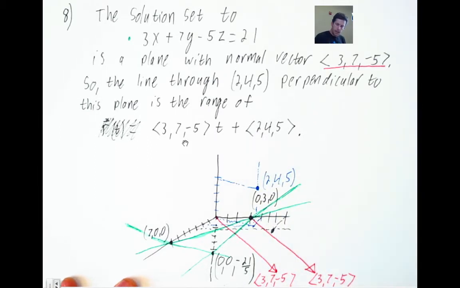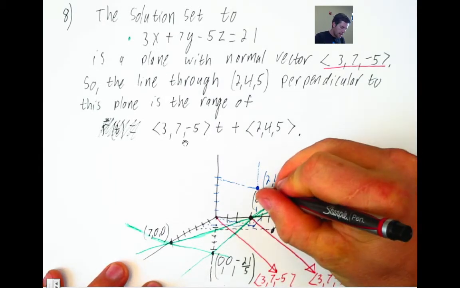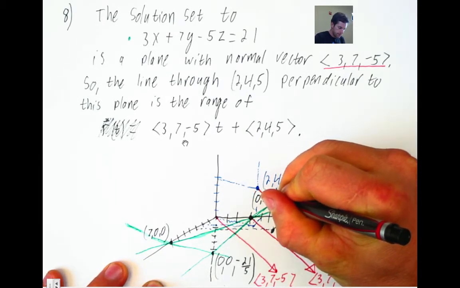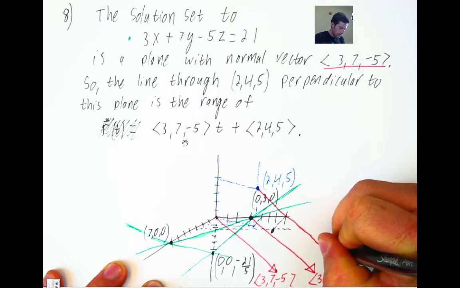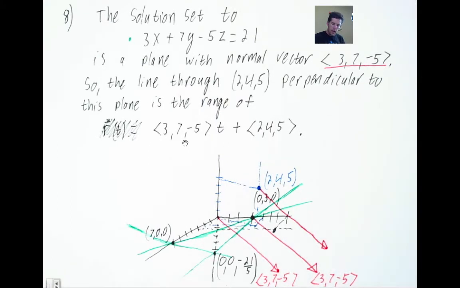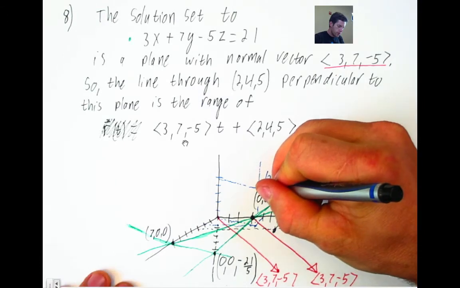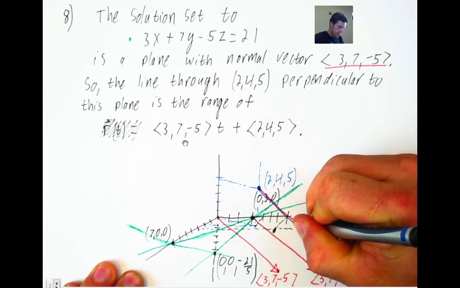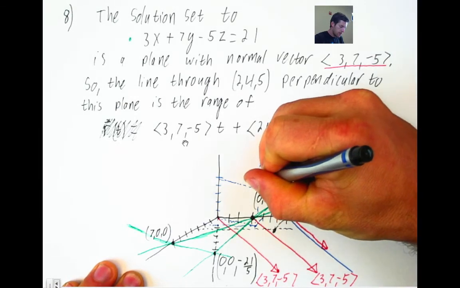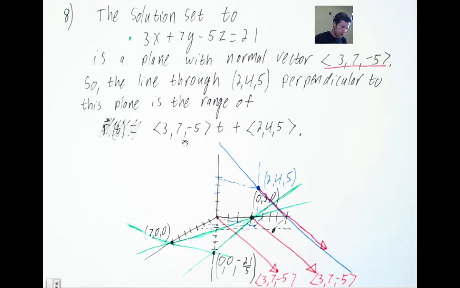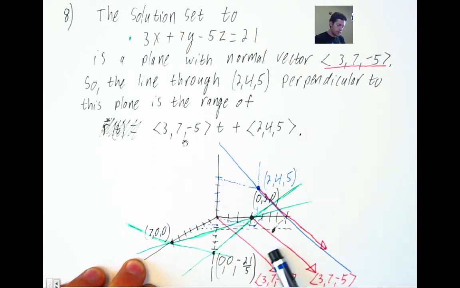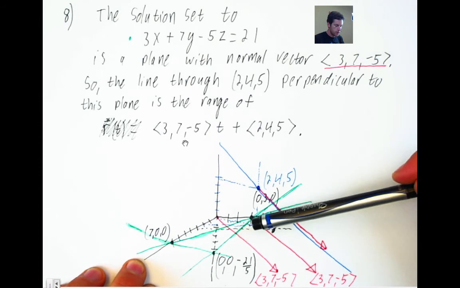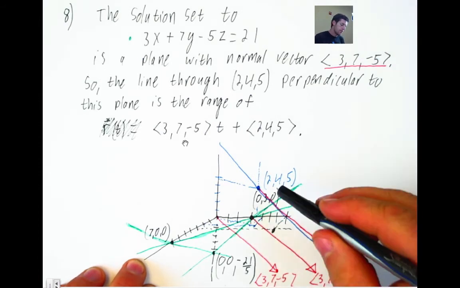And if I attach my red vector to that, like so, and in blue I start at 2, 4, 5 and move in the direction of this vector, and in the opposite direction, then I obtain a certain line which is orthogonal, perpendicular to the green plane, because it's in the direction that is normal to the plane, and passes through the point 2, 4, 5.